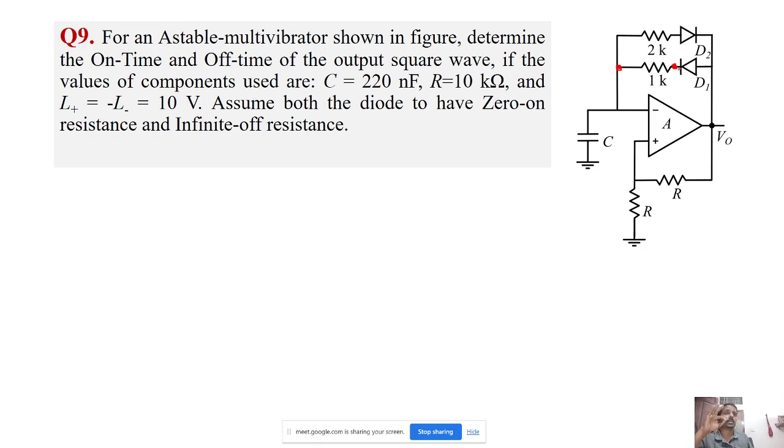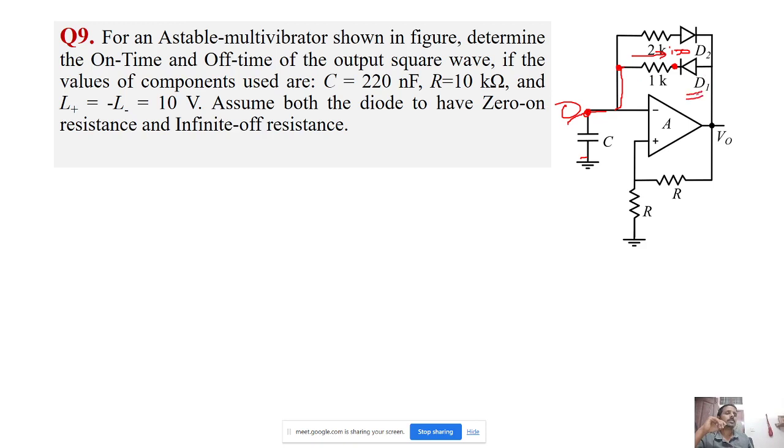Since whenever both D1 and D2 are off, whatever is the voltage here, that is the voltage here, so the current is 0. So what is the voltage here? That voltage is the voltage across this capacitor. Suppose initially the capacitor is discharged, so this voltage is similar to ground.